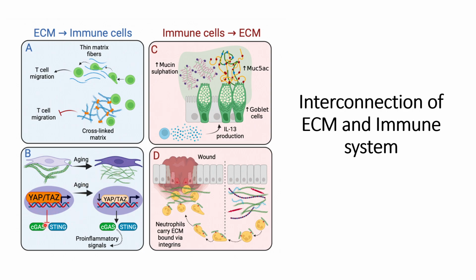Along with that, what people have found is that there is less control over pro-inflammatory signals. For example, before aging, pro-inflammatory signals such as cGAS-STING are controlled through the production of the YAP and TEAD genes.